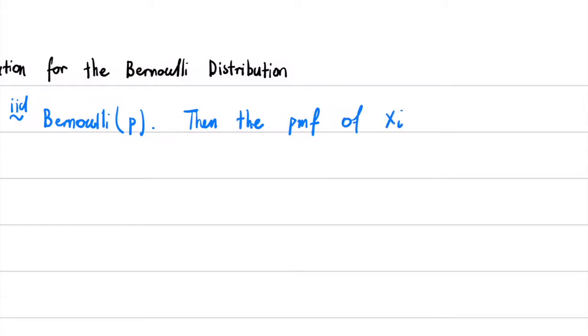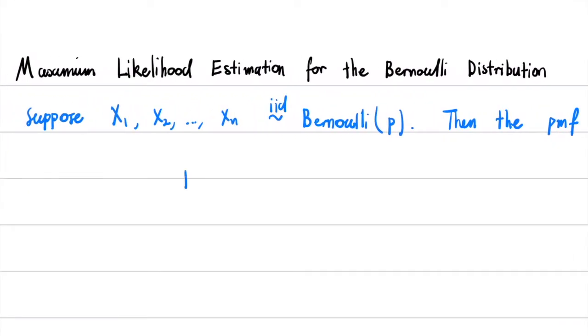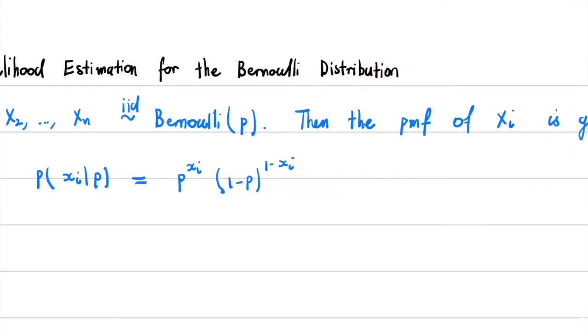So if this is the case, then the probability mass function of each xi is given by, well, we know it to be the PMF, p(xi) equals p to the xi, 1 minus p to the 1 minus xi, where xi is either 0 or 1.